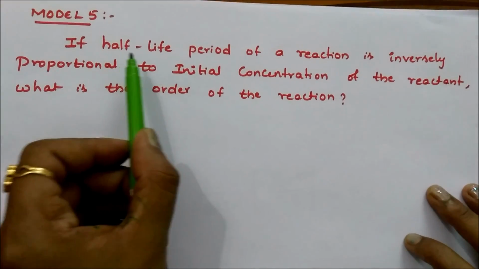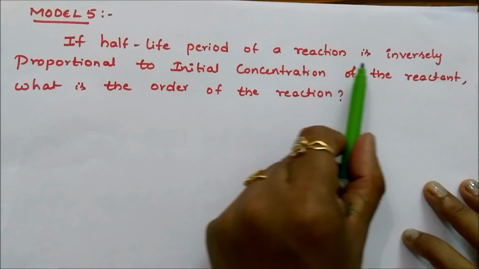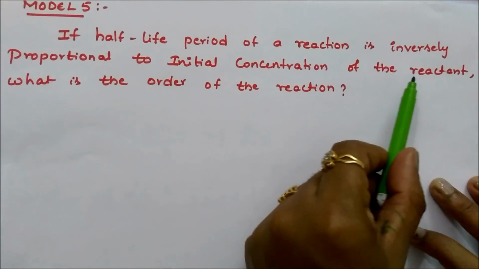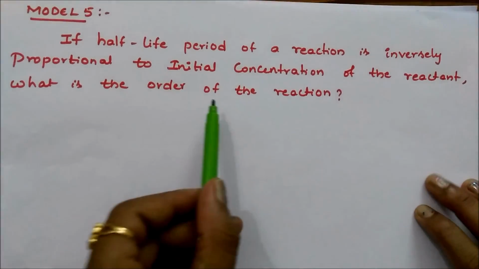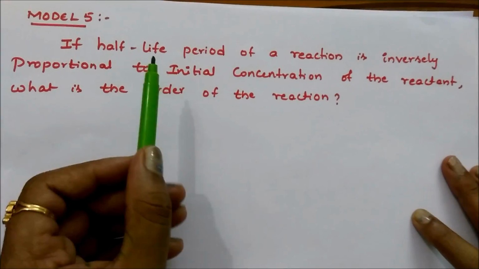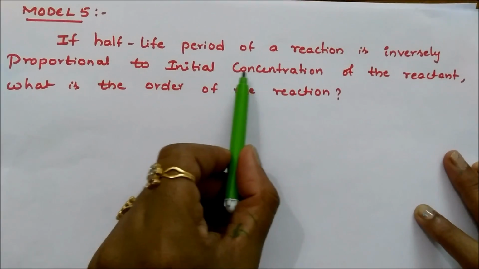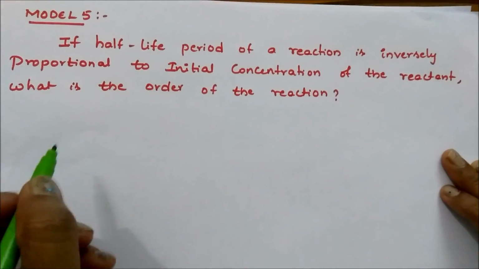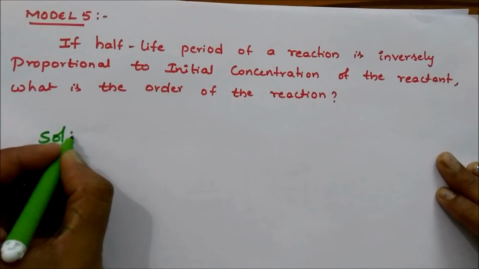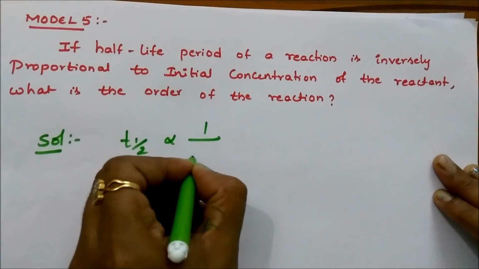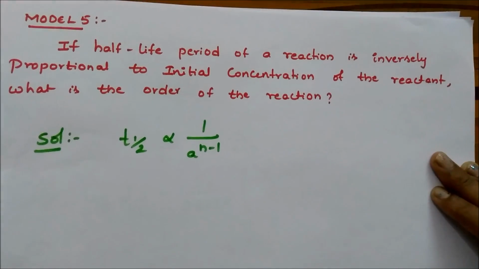Model 5. If the half-life period of a reaction is inversely proportional to the initial concentration of the reactants, what is the order of the reaction? What are they telling? Half-life period is inversely proportional to the initial concentration. We already discussed T half is proportional to 1 by A to the power of n minus 1.